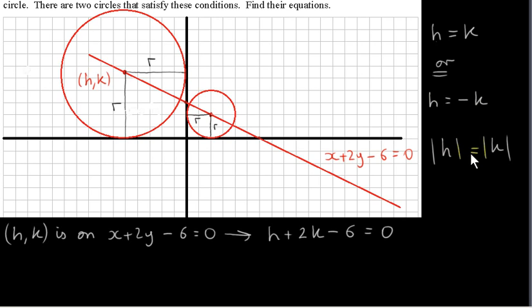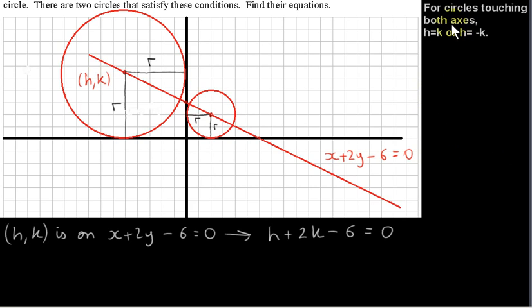And from this magnitude relation, we get these two equations. And these are the two equations that we work with. We can't really work with this. I think that this fact is so important I've decided to highlight it, and it's an easy way to actually answer this question. So let's first consider the situation where h is equal to k.